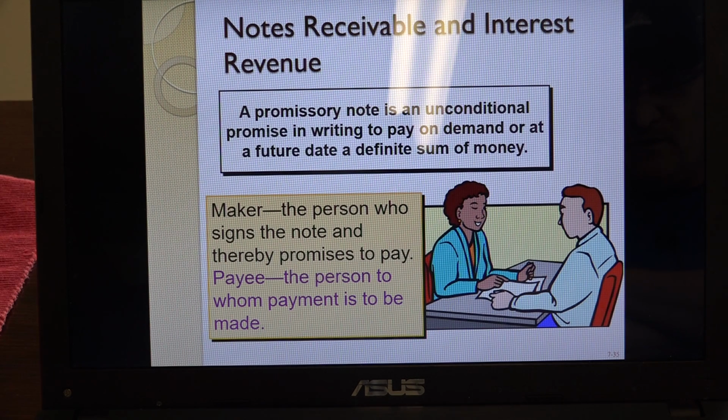And so the maker is the person who signs the note and thereby promises to pay. The payee is the person to whom payment is to be made. And so a promissory note is an unconditional promise in writing to pay on demand, or usually at a future date, a definite sum of money.